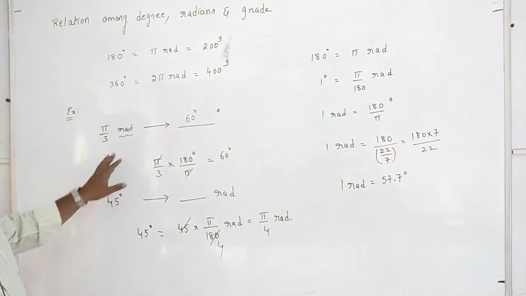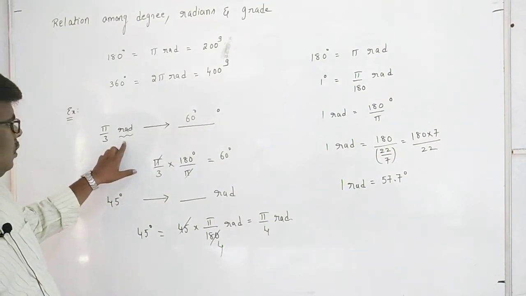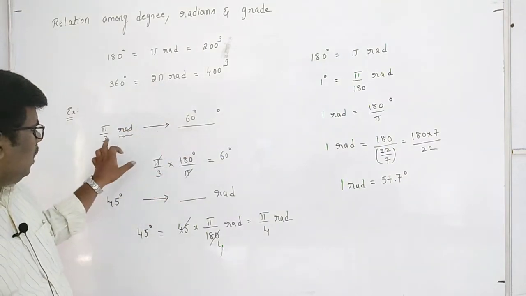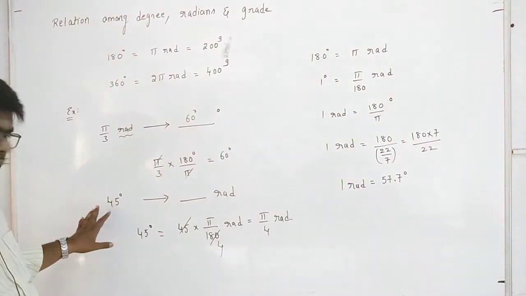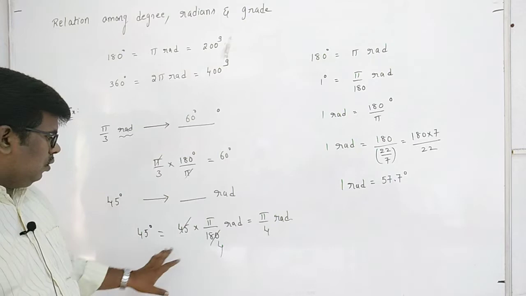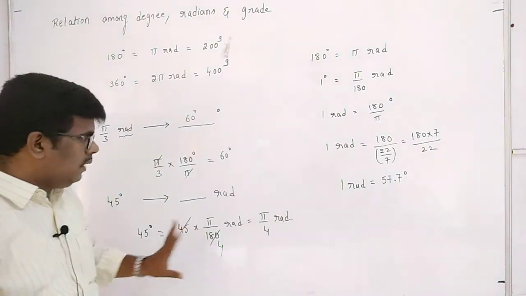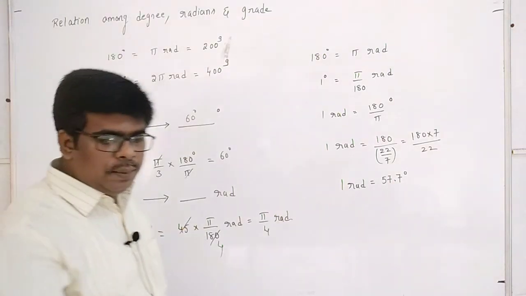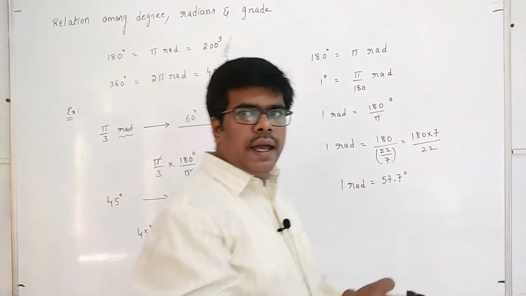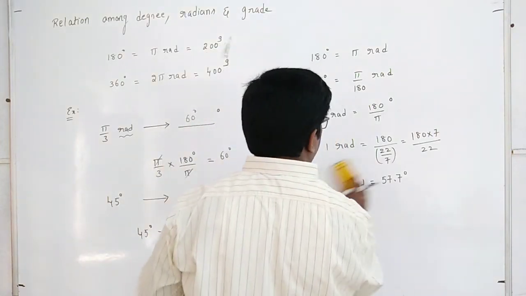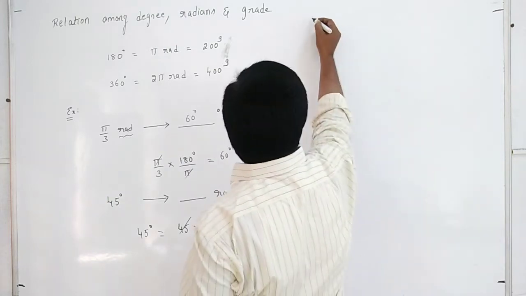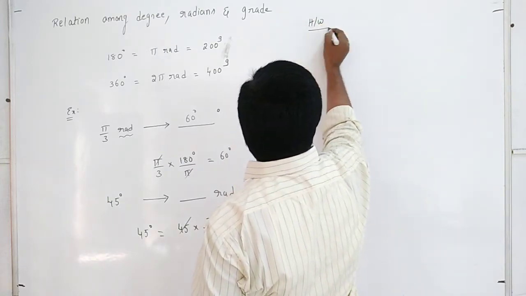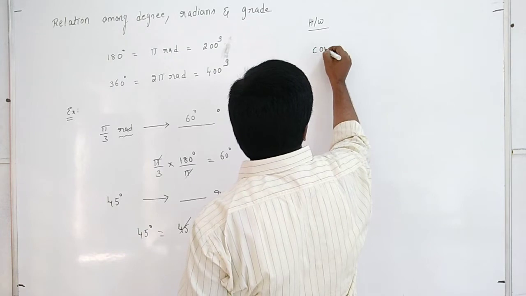So like that, if you want to convert radians into degrees, you have to multiply with 180 by pi. If you want to convert degrees into radians, you have to multiply with pi by 180. For practice, you have to find examples like this.